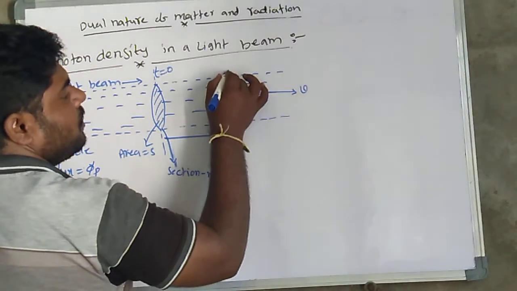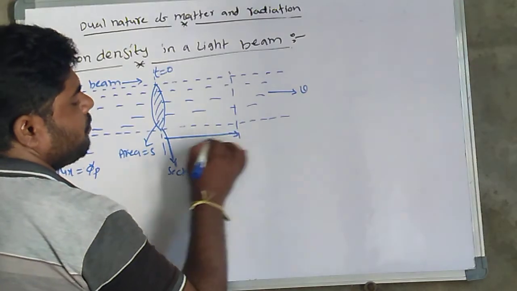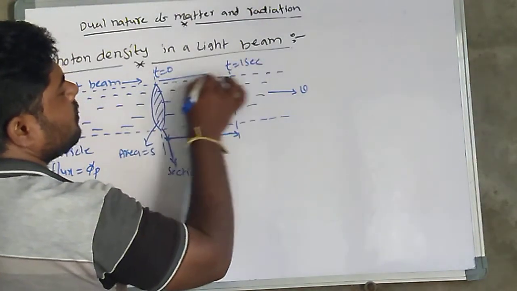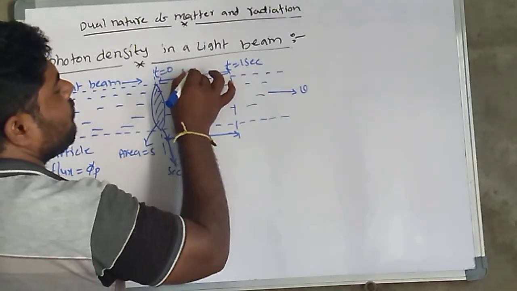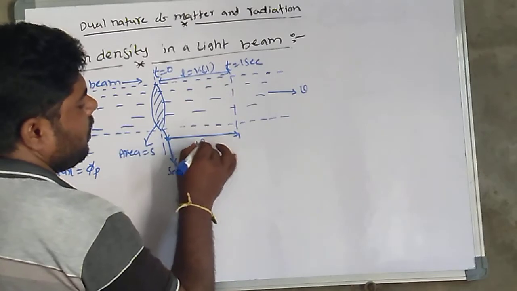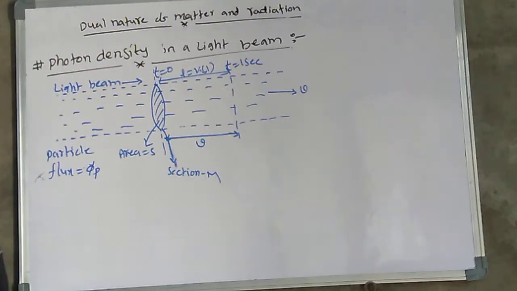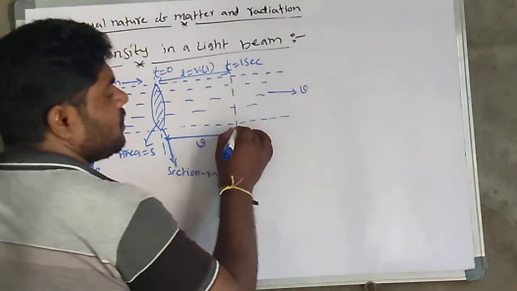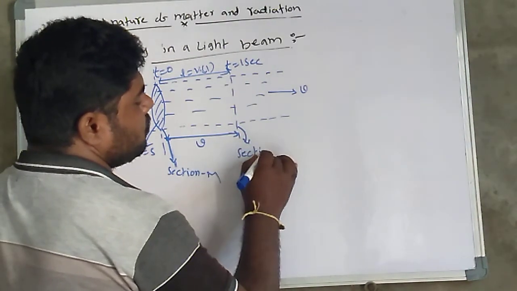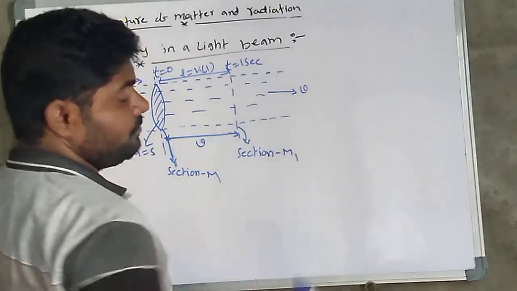At t equal to 1 second, this length L is equal to velocity into time. The time is 1 second, so the distance is v. This section I would like to name M1.